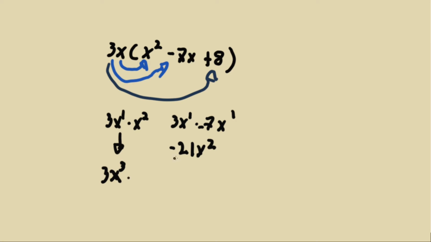So let's move this down here, or just write 3x cubed minus 21x to the power of 2. And then let's distribute the final one, which is 3x times 8. In this case, remember the hidden exponent is 0, so we don't have to add any exponents.